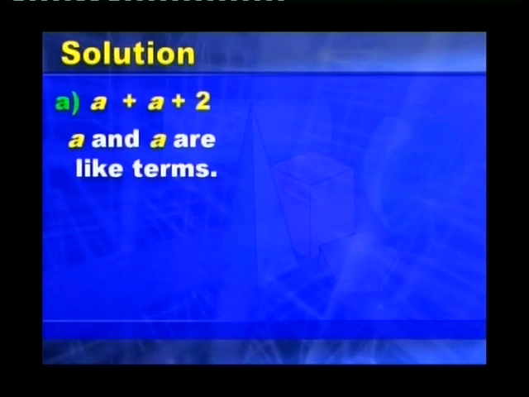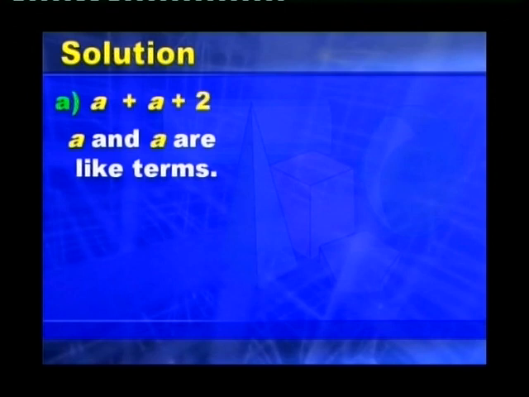Let us look at A. What is the solution? Example 1, A: A plus A plus 2. Now which terms are like terms? A and A are like terms.